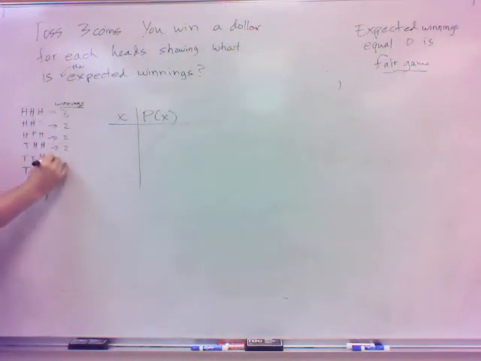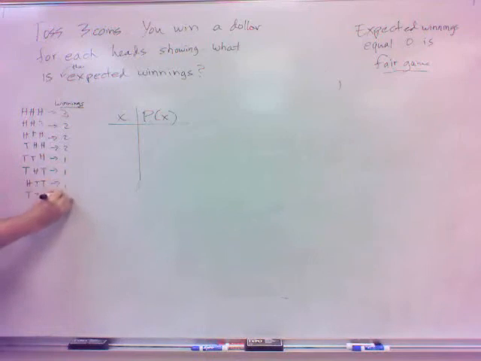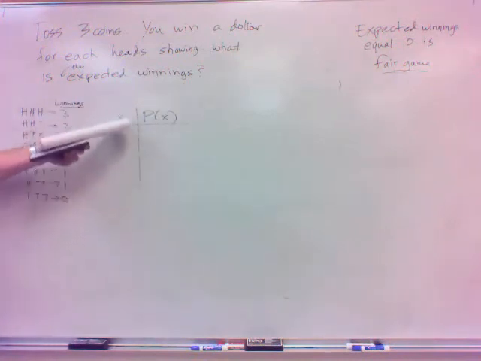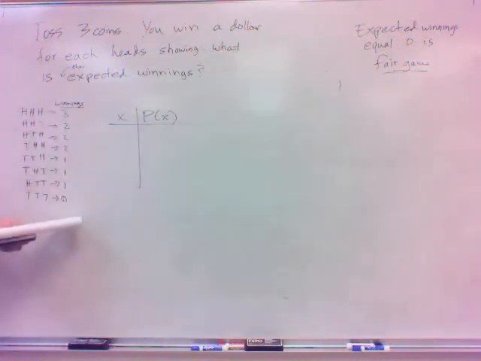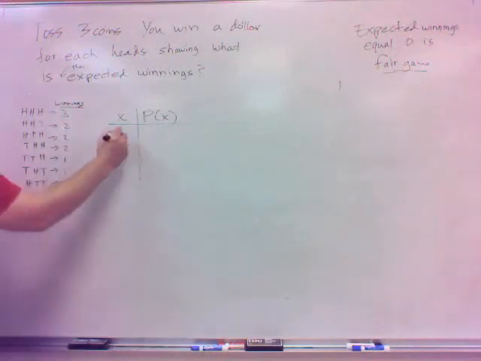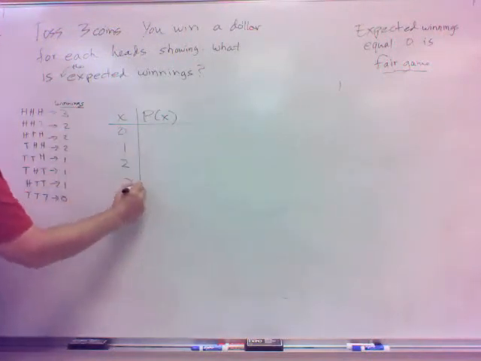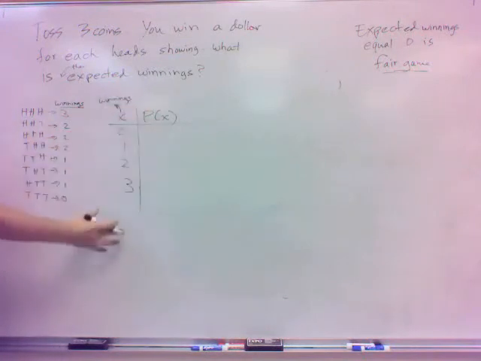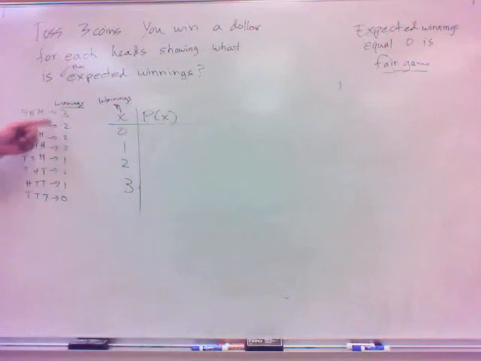Got a $1, $1, $1, 0. Those are my potential winnings. The potential winnings here for my X column, so what do I write here? 0, 1, 2, or 3, or go backwards if you want. With me? X being the winnings, potential winnings. I'm going to put in the X column 0, 1, 2, or 3, because that's what I could win potentially.